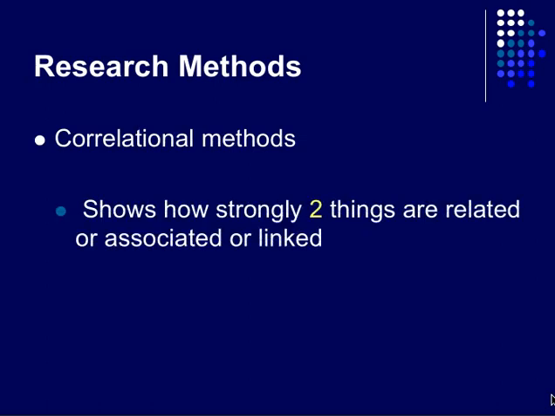Correlational methods show us how strongly two things or variables are related or associated or linked or connected. These are all terms that suggest correlation. When you scientifically produce a correlation, you collect the information you need and process it statistically, and you come up with what is called a correlation coefficient.